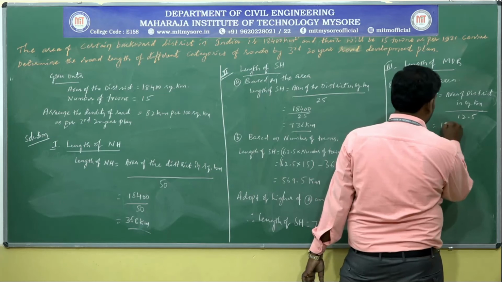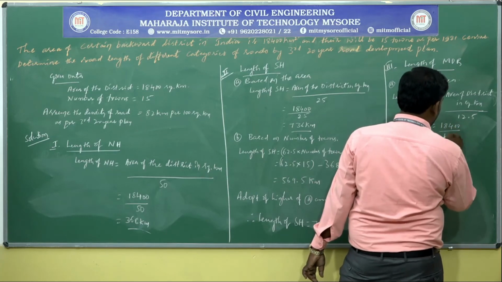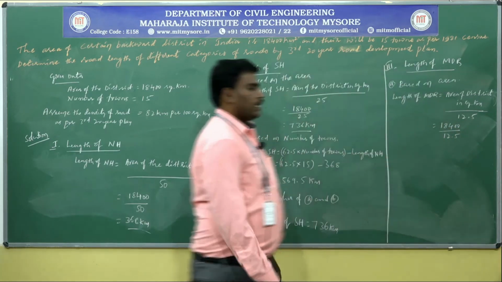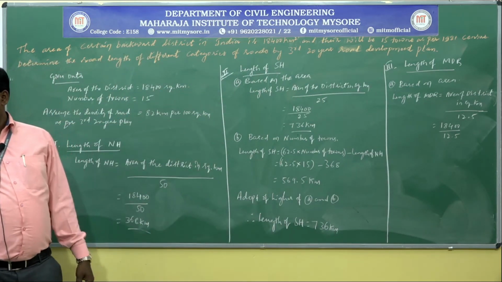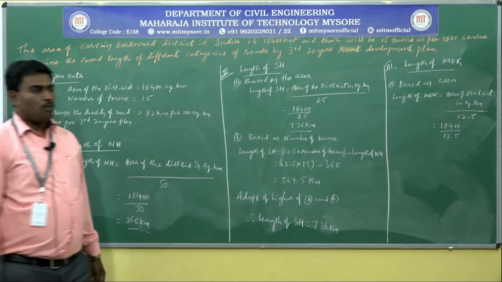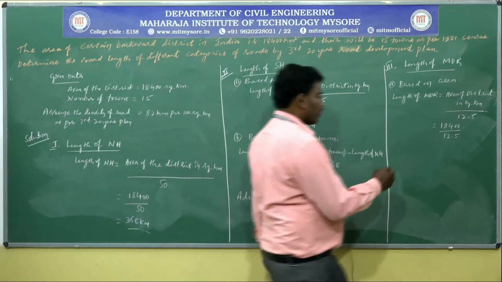So 18,400 divided by 12.5 will give about 1472 kilometer.